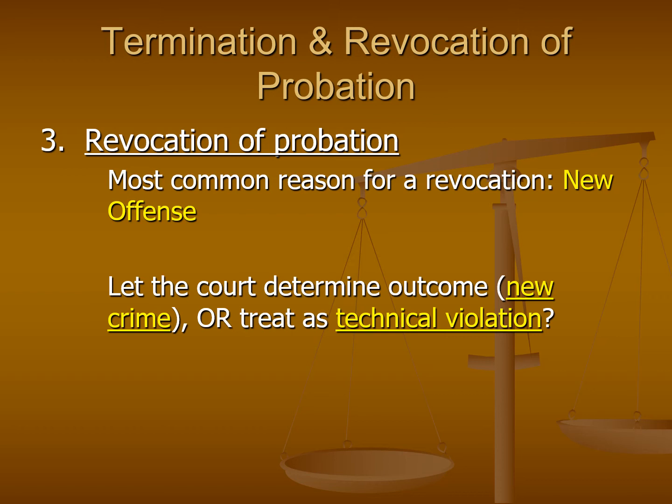And we'll see this as a sticky subject both in probation as well as parole, and we'll see how it manifests itself in parole later in the semester, but I just wanted to give you an idea on that. So somebody is suspected of a new offense. The probation officer has to make the determination, do we let the court determine the outcome, or do we treat it as a technical violation?